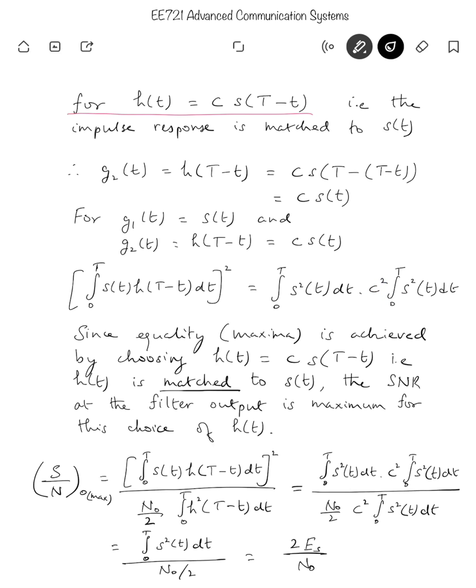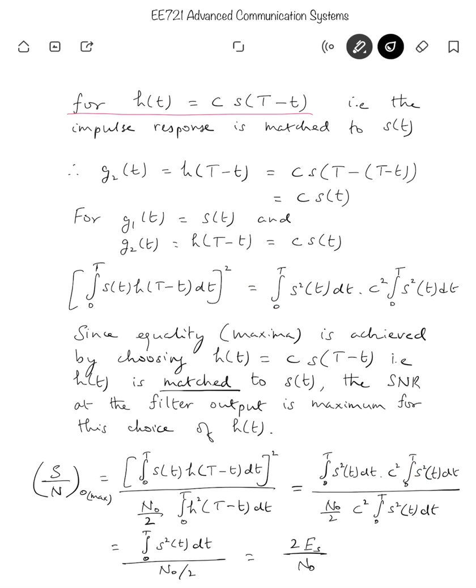Okay, so now we substitute this in the signal to noise ratio equation. We'll substitute h of t to be given by this. So going back to our signal to noise ratio equation, we have this integral squared, and because now we have chosen g2 of t to be proportional to g1 of t, we get this maximum value for the numerator, which is given by the product of these two integrals.